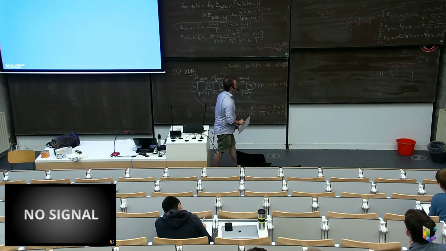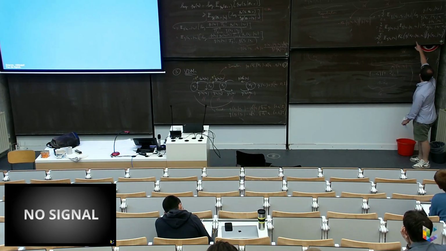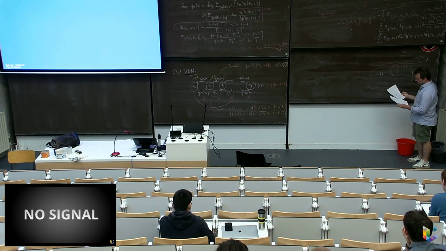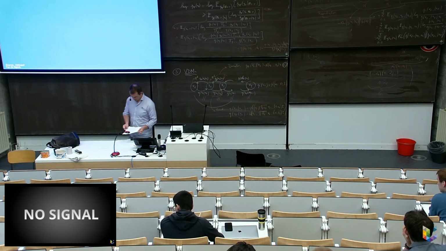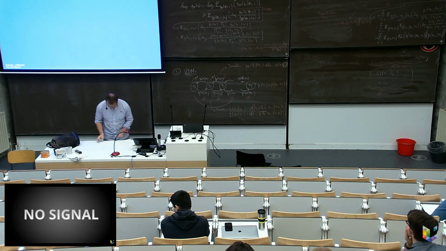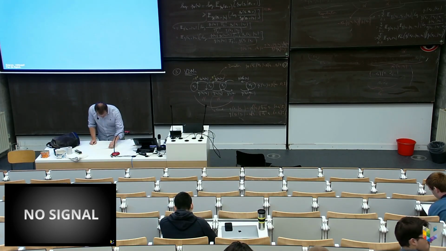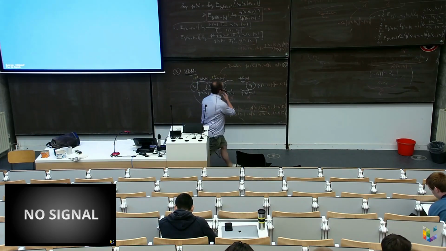Okay, so now the only thing that we are left with is to align the mean of that distribution with the mean of that distribution. For the variance, it's just immediate, and there is nothing to be done.